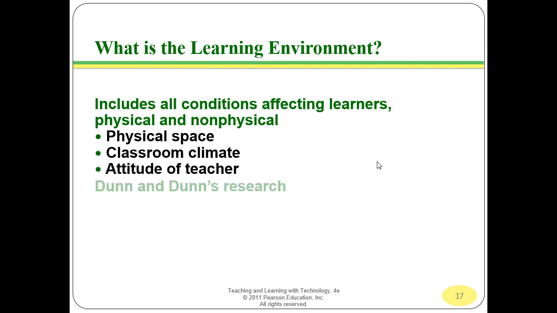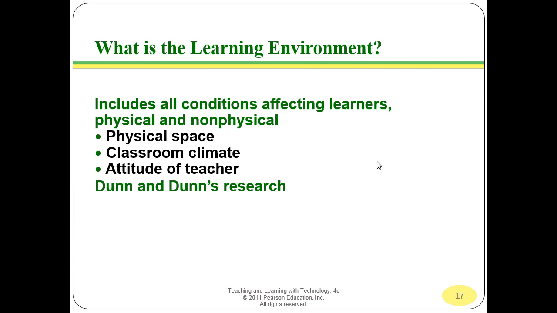Now, this will also include all the conditions affecting learners that are physical and non-physical, like the physical space of the room. Do we have 30 students crammed into a classroom that ought to take 15? Not a lot of learning is going to take place like that. What's the climate? Is the room too hot or too cold for students?